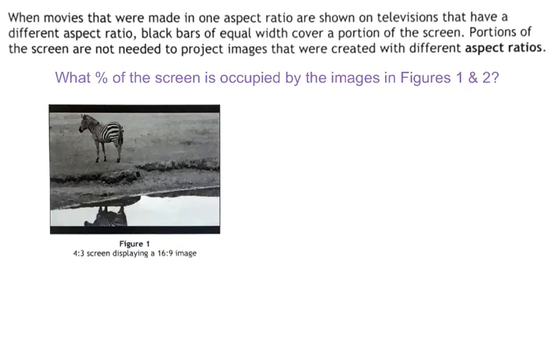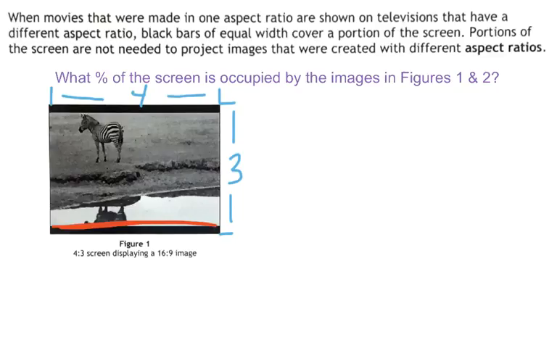The next thing we want to be able to do is figure out what percentage of a screen is occupied by an image when the image ratio and the screen ratio do not match up. So here we're told that the screen is a 4:3 ratio and the image is a 16:9. You should be able to see that the image width and the width of the screen are equal.